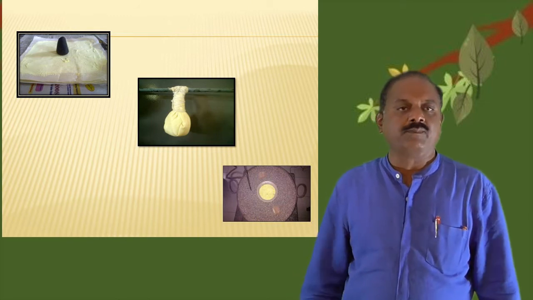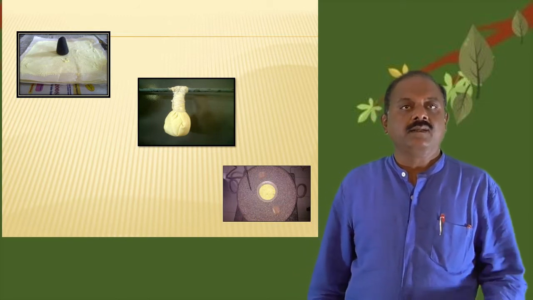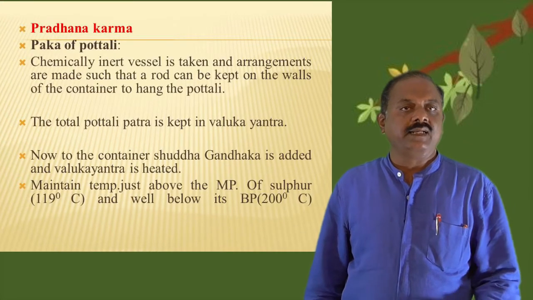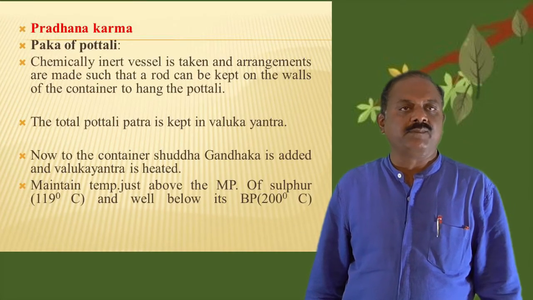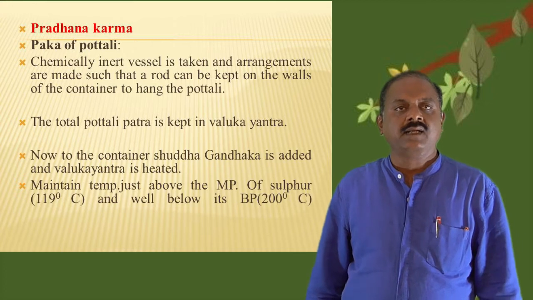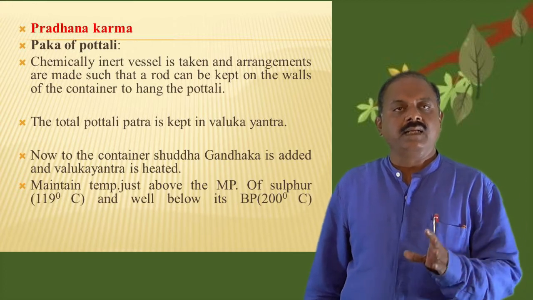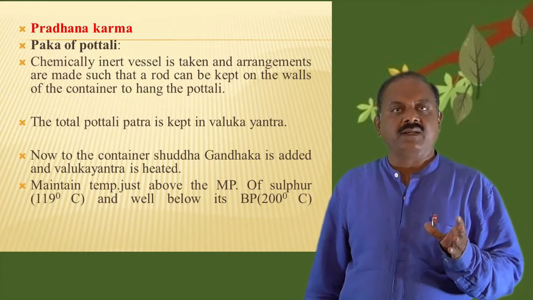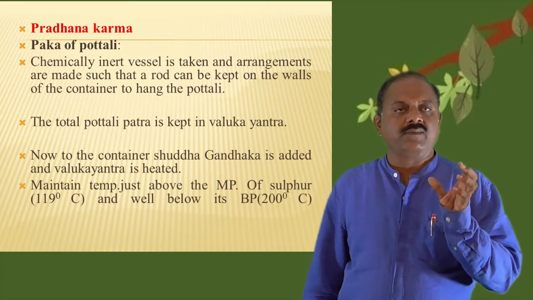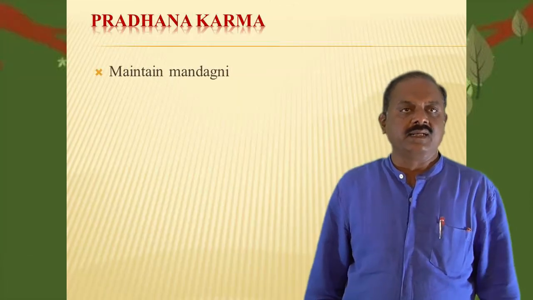This is to be maintained properly. In Pradhana Karma, maintaining Mandagni is very important in this preparation, and we must know how much Agni is required for the preparation of the Pottali Rasayana.